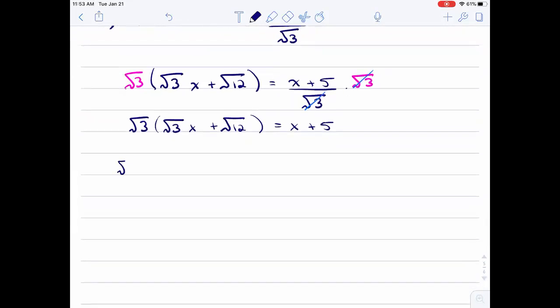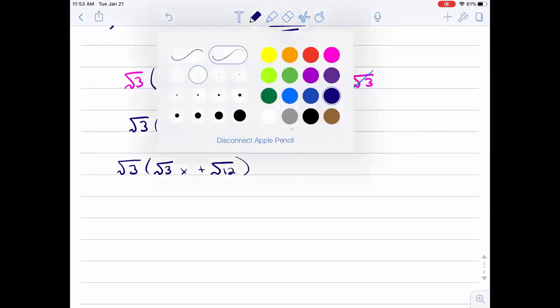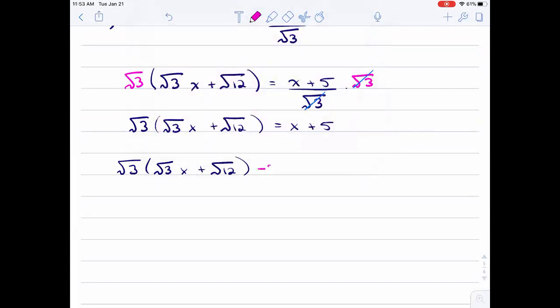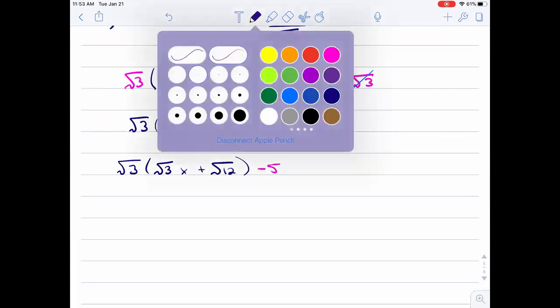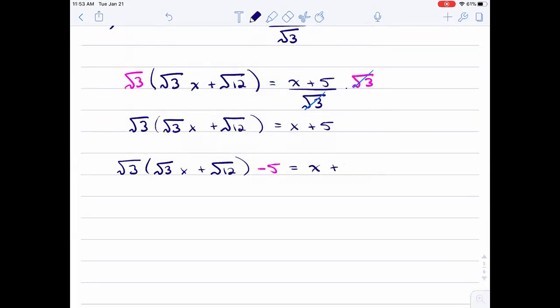And so we get root 3 times root 3x plus root 12, and then minus 5 equals x plus 5 minus 5. Making sure you do to both sides what you did to one. So that's how you're going to move that minus 5 over.